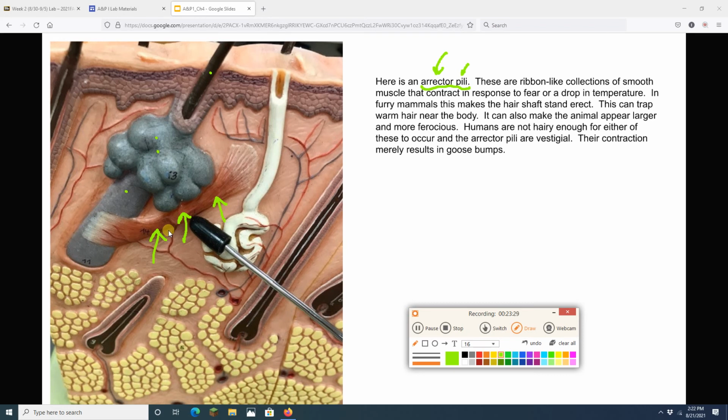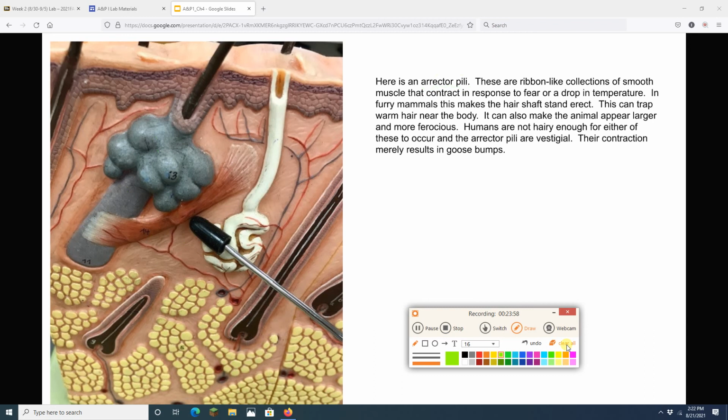Now that occurs in furry mammals, not in us, because we don't have enough hair for it to have any effect. In other animals, the hair standing up can also make them appear larger, more ferocious, as either predator or prey, what have you. Again, we don't look scary when this happens in us. We just get goosebumps. So this is another vestigial structure.